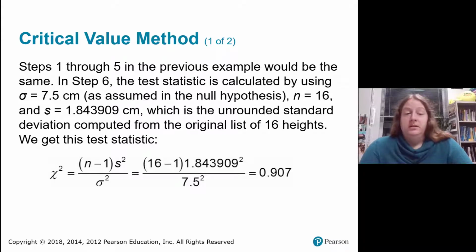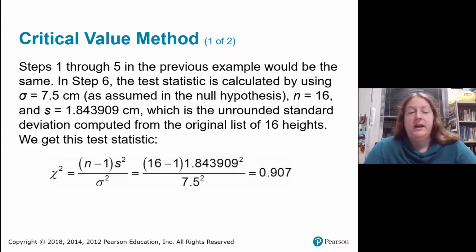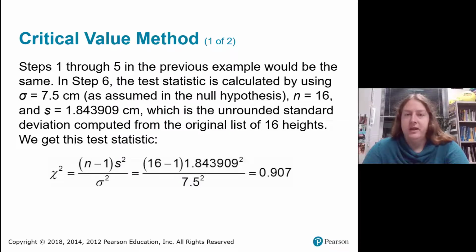Here we have our population standard deviation that we're testing, 7.5. So we'll be plugging 7.5 in for sigma. So 7.5 squared will become our denominator when we're calculating chi-square. And our sample size, we could count, there are 16 heights in our sample. And our sample standard deviation, we can calculate from those values that were given, and if you do that, you get 1.843909 centimeters.